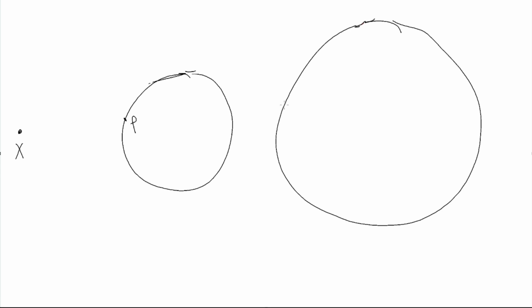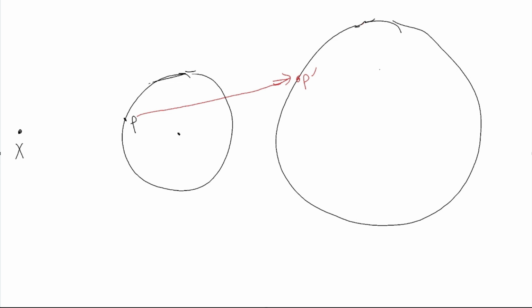Well, this point P ends up getting sent to a point where it maintains the relative position with respect to the circle. So because P has this relative position over here, that means that P ends up getting sent to a point P prime here with the same relative position. And how do we know what relative position means?